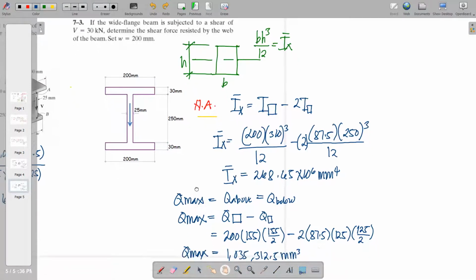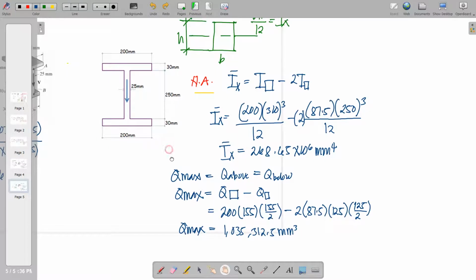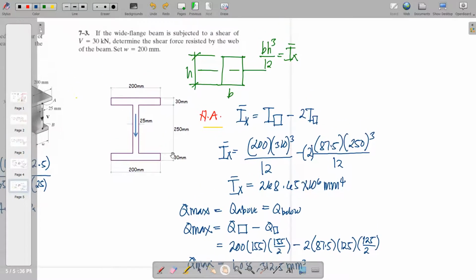So we'll just have to recompute our Q, because the main concern here is the shear at the web of the beam. So let me shade the web of the beam. Say this green portion here is the web of the beam. So actually we have two alternate solutions here to come up with the shear on that portion.